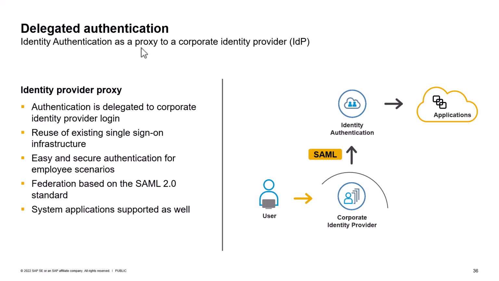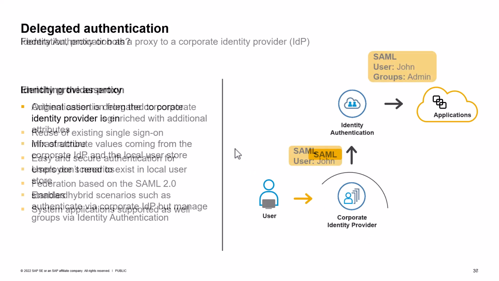We already mentioned this. The user can log into the corporate identity provider. The SAML assertion happens, and then the identity authentication can allow you access to the application. So this is where the identity authentication acts as a proxy to the corporate identity provider.